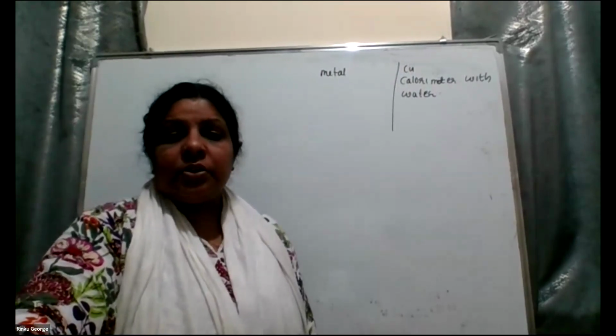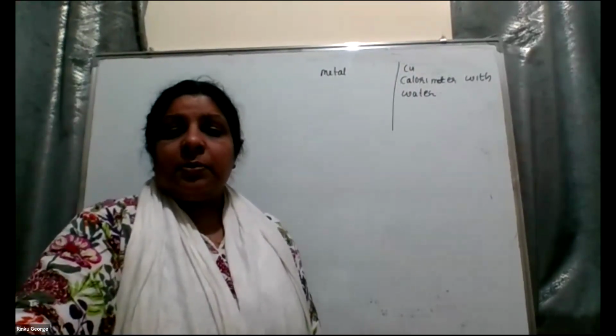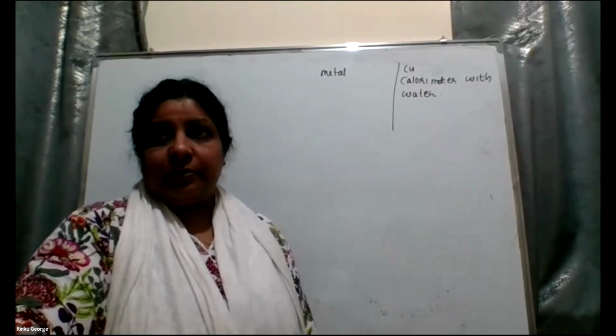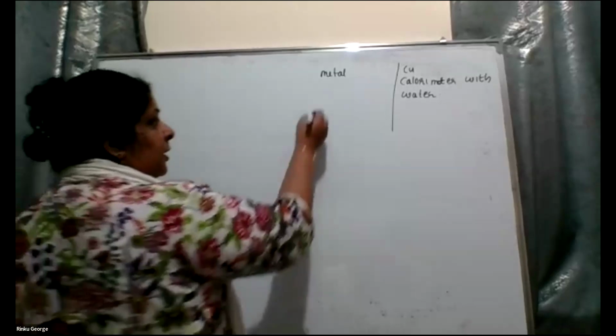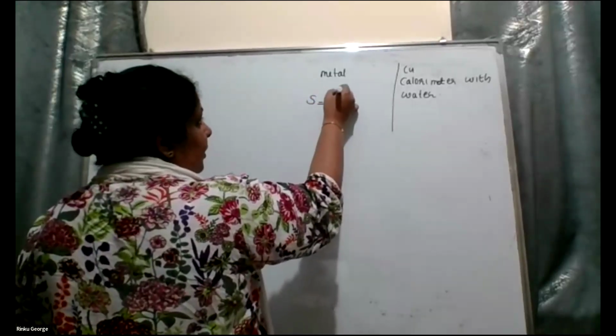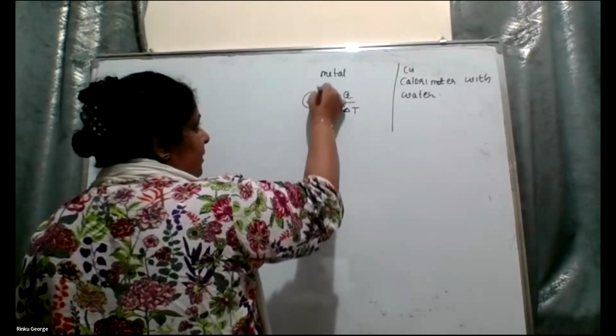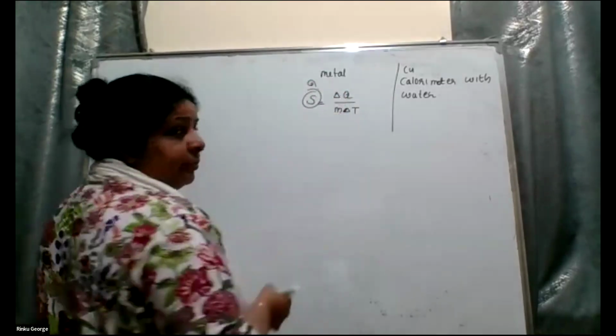Here what you need to find is the specific heat capacity of the metal. So specific heat capacity of metal will be equal to delta Q by m delta T. This S is what you need to find.